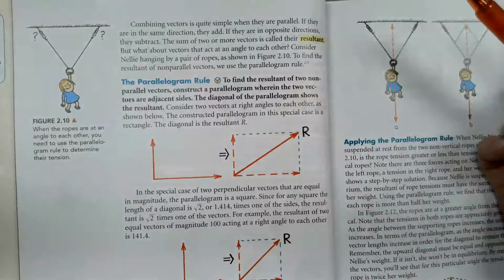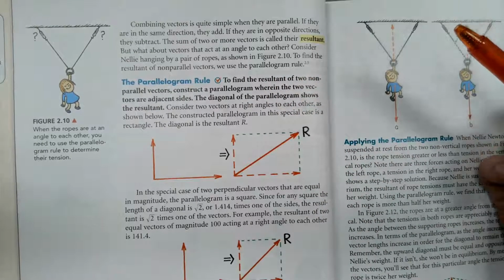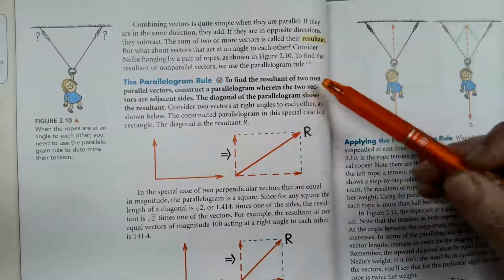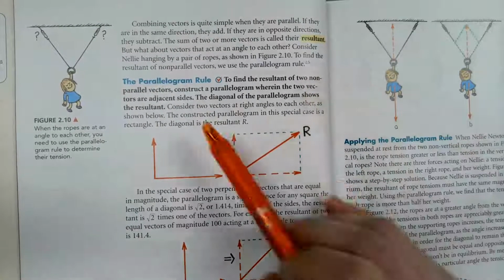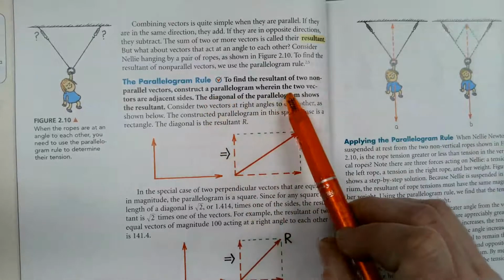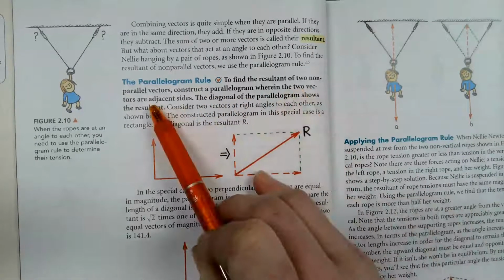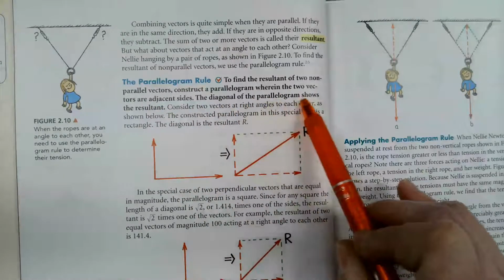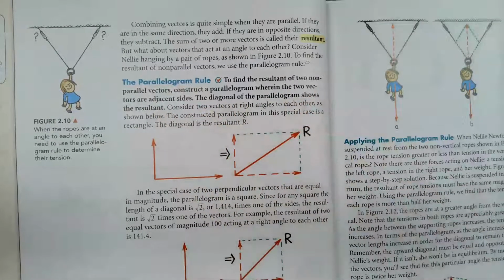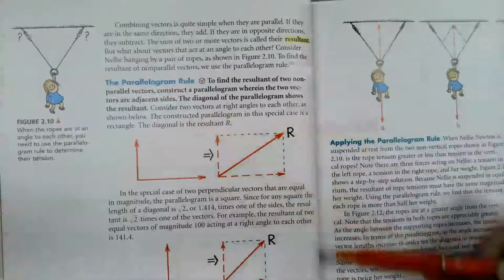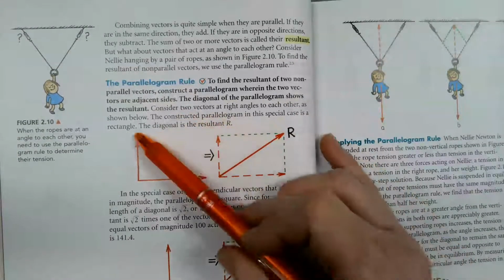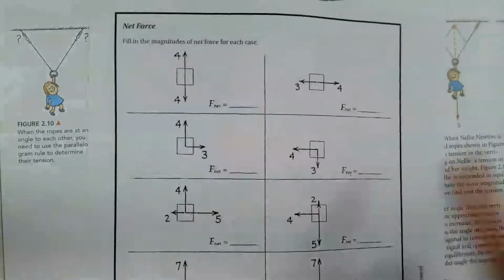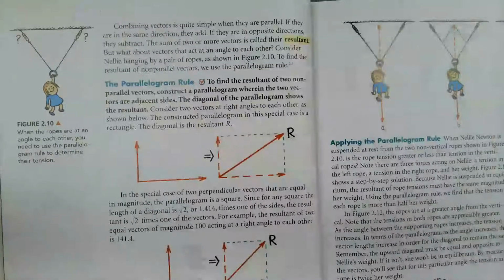To find the resultant of non-parallel vectors, we use something called the parallelogram rule. A parallelogram is like a rectangle or a square where there's two sets of parallel sides. To find the resultant of two non-parallel vectors, construct a parallelogram wherein the two vectors are the adjacent sides, and the diagonal of the parallelogram shows the resultant. So we'll get to what that means. This is a problem like what we're going to do second in this second problem right here, okay?